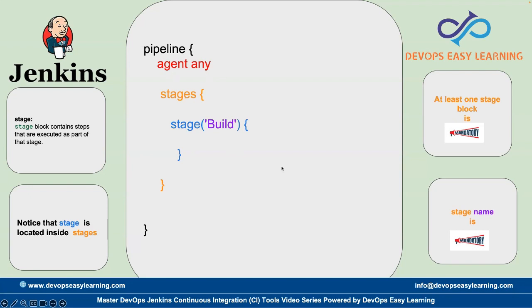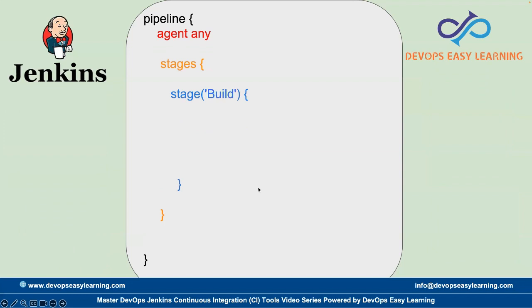Agent is located inside the pipeline. Stages is located inside the pipeline, and stage is located inside the stages. You need at least a stage, it is mandatory to have at least a stage inside stages, and it's also mandatory that every single stage have a name, right?